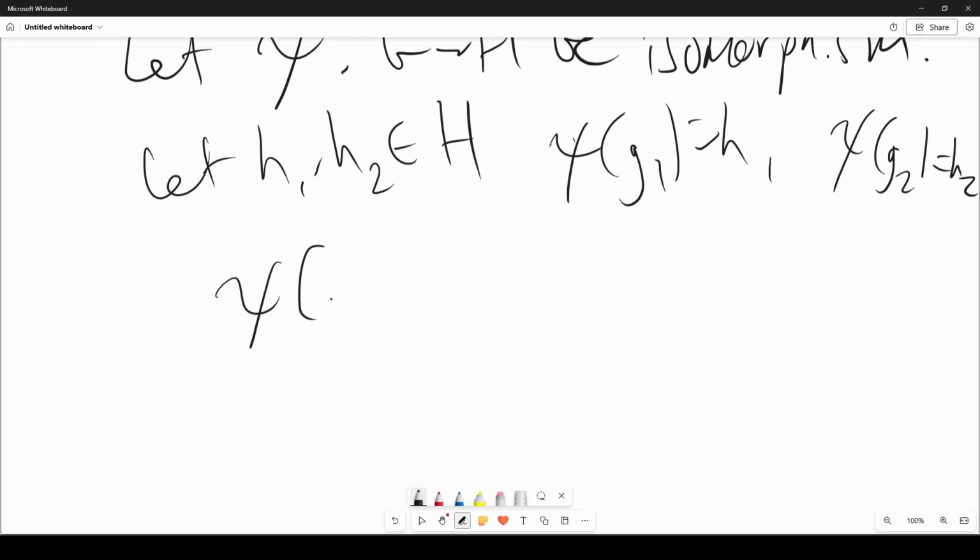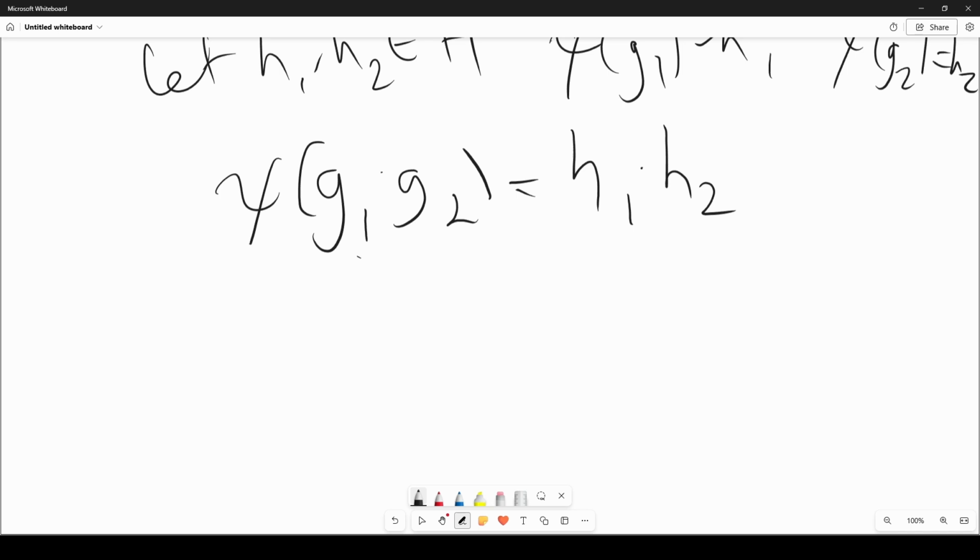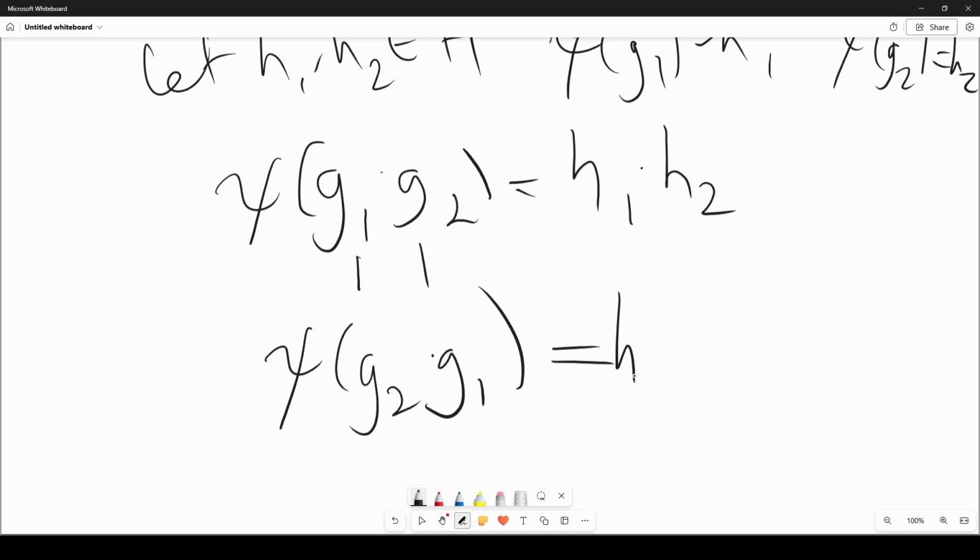Consider the following diagram. This is psi of G1 times psi of G2, which is H1 times H2. But this is also psi of G2 times G1 because G is abelian, so I can change around the order of G1 and G2, and this is H2 times H1, and thus we get that these are equal.